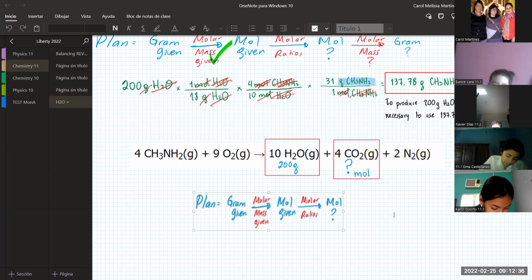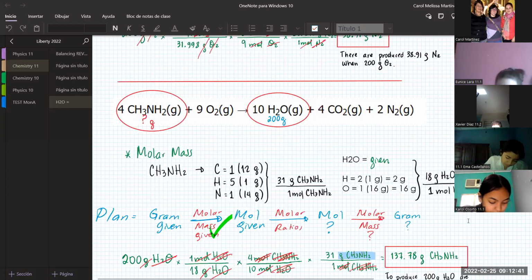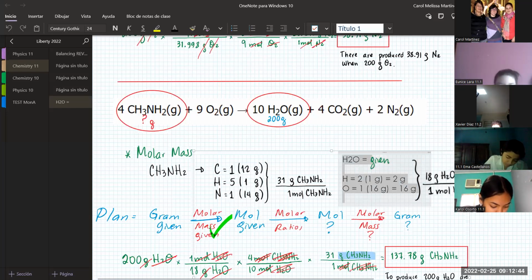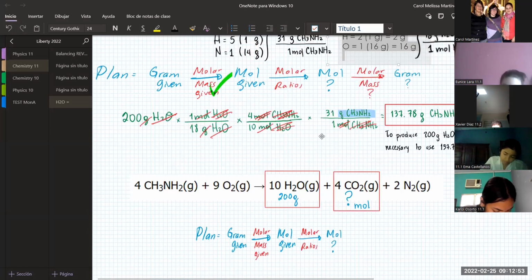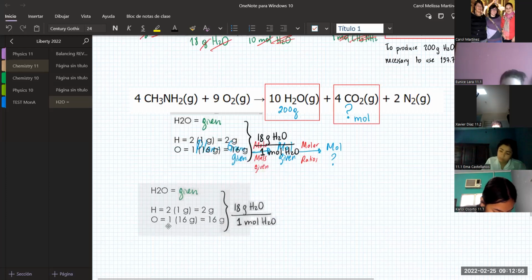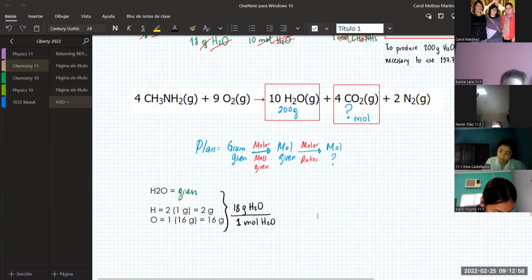We already know the molar mass of the given because the given is water, and we already got it in the exercise before. So I'm going to skip this step of getting the molar mass of water because I already did it before. Get the molar masses that you need for the problem, of your given, which is water.